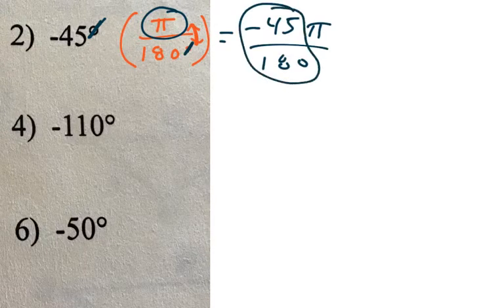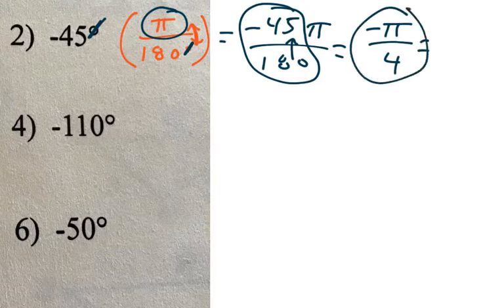Now this you've got to reduce, guys. You could divide this way if you're clever, or use your calculator. If you have a regular scientific calculator, it'll reduce it for you if you type it in as a fraction. But you're going to end up with negative pi over 4, or negative 1/4 pi. Now again, is that acceptable, or do you have to put it within the positive realm?